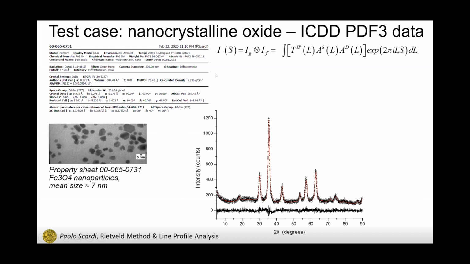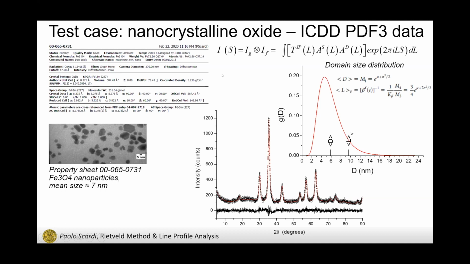In this case, I used the relatively simple model, which is the one that I use most often. The instrument already adjusted and fixed, a size term, and a displacement and a strain term, for example, considering some general strain. In this case, actually, there is no strain at all, so the size effect is only present, and the crystals have been modeled as a sort of average spheres, and this is the result.